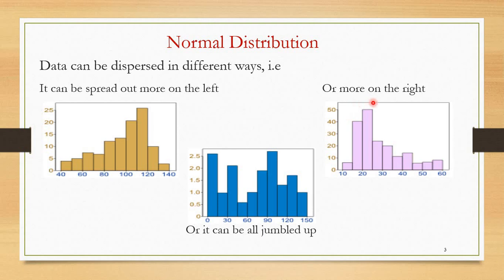So this one is called positively skewed data and this one is called negatively skewed data.